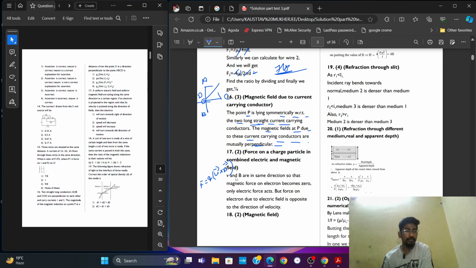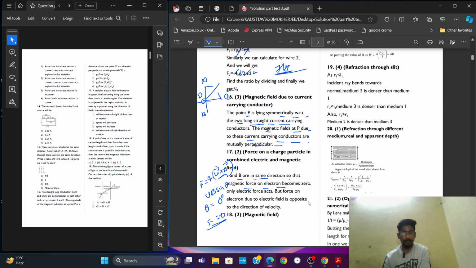Now if an electron is projected in the region such that its velocity is along the direction of the fields, then v and B are in the same direction, so the magnetic force on the electron becomes 0. If theta becomes 0, F also becomes 0 from the formula F equals qvB sin theta.